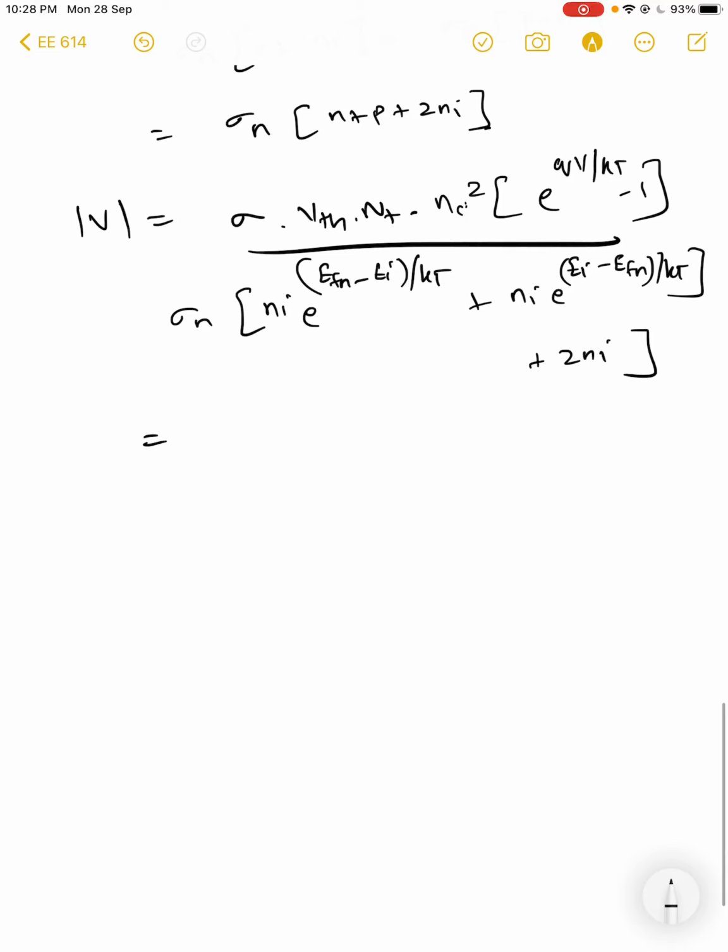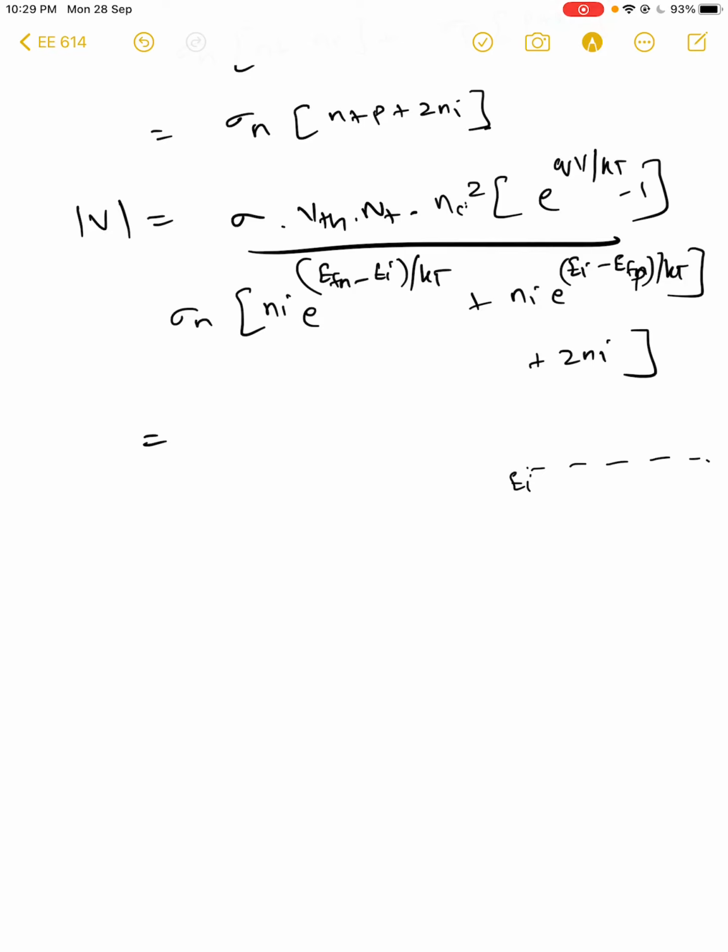And the maximum rate once again happens if EFn is equally separated. So basically in most situations, EFn is equally separated. We have seen this, right? So under applied bias, EFn is as high from the Ei as EFp is as low from the Ei, right? So if this is the original Fermi level, this is where Ei was.